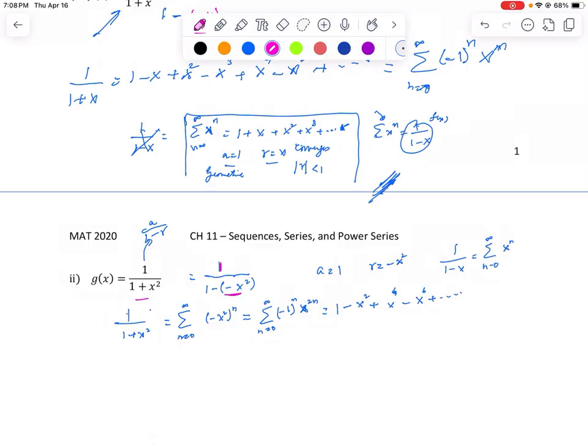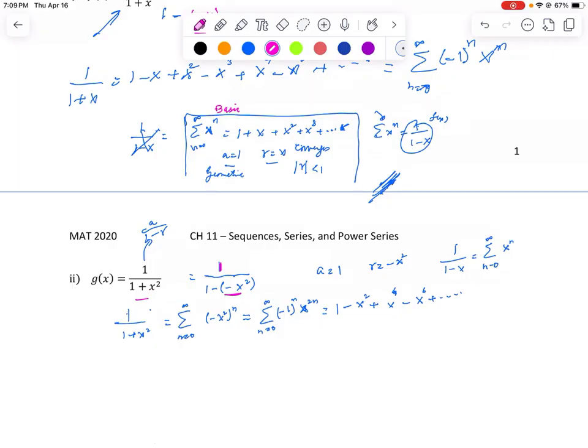One is what I showed here, using our basic geometric series. If we replace the x in there by negative x squared, we get the series representation for 1 over 1 plus x squared.